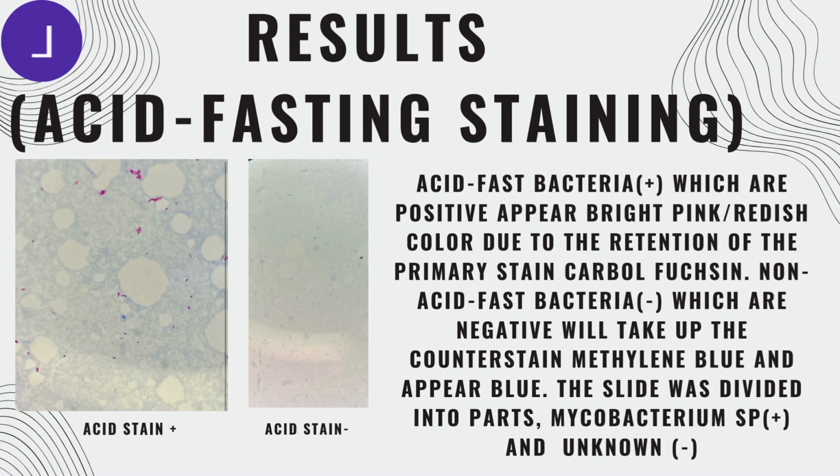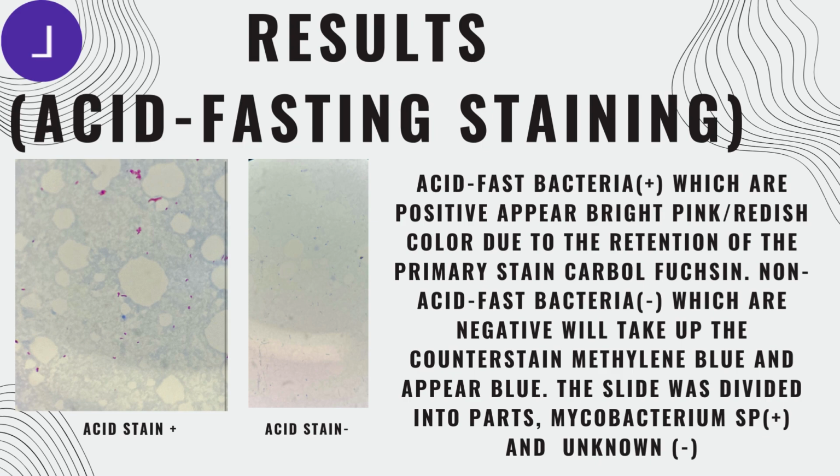You can see how the positive gives us a pinkish-reddish color, because of the retention of the carbol fuchsin. You can see those rods like strings if you zoom in a little.